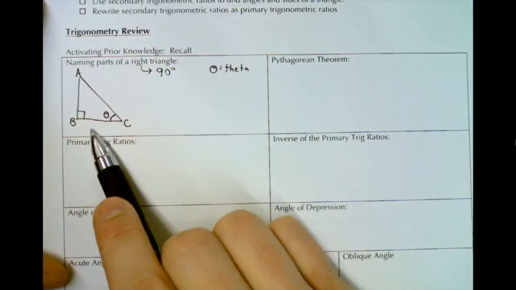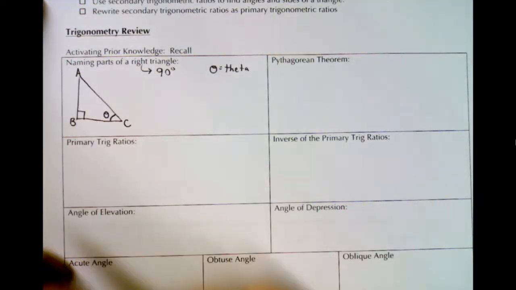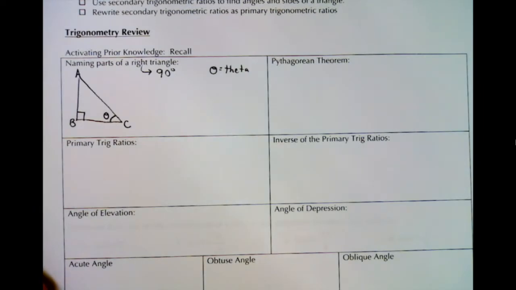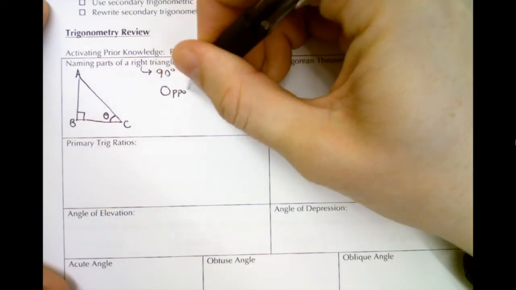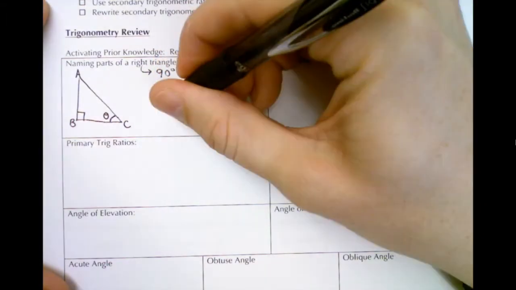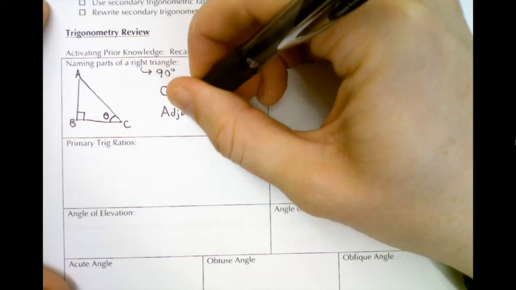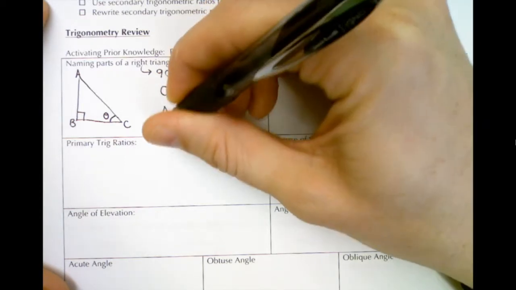Aside from giving this side A, side B, and side C, we can name it with the words opposite, adjacent, and hypotenuse.